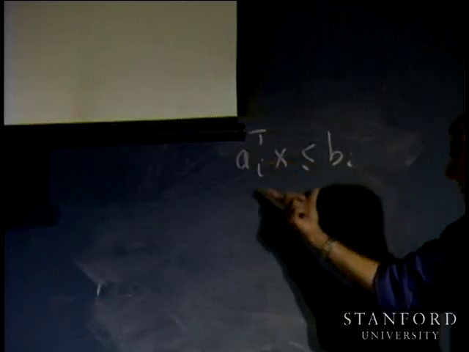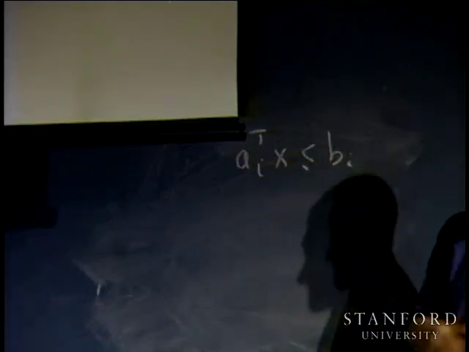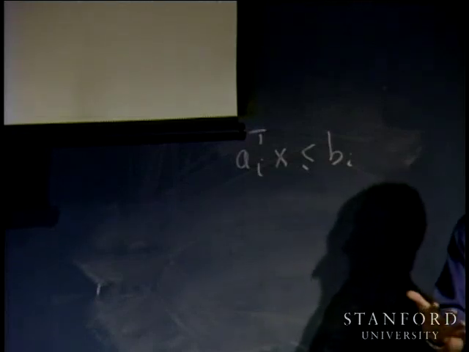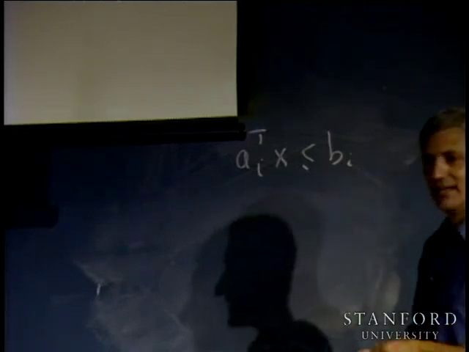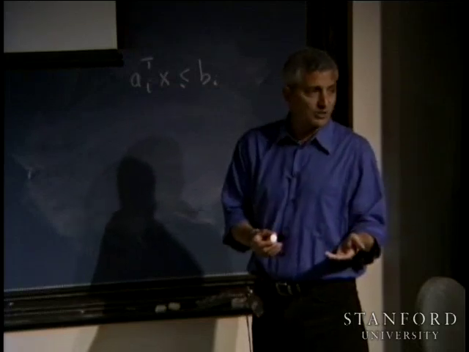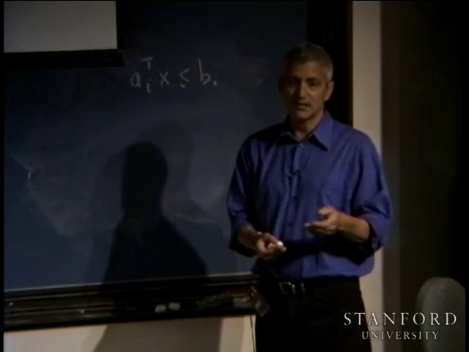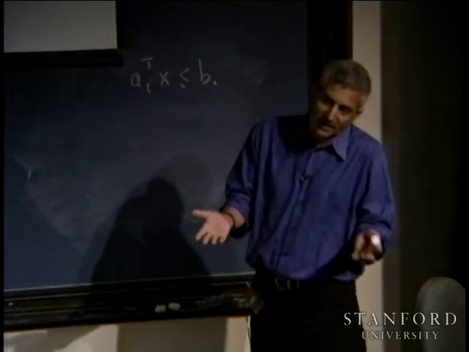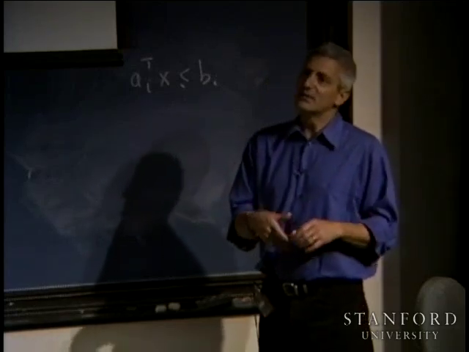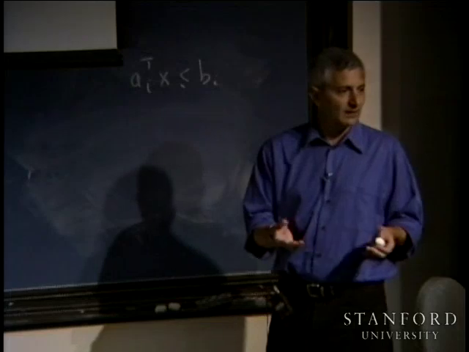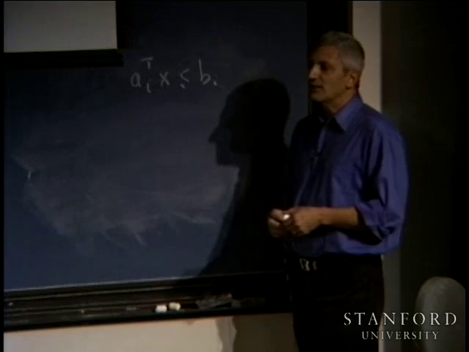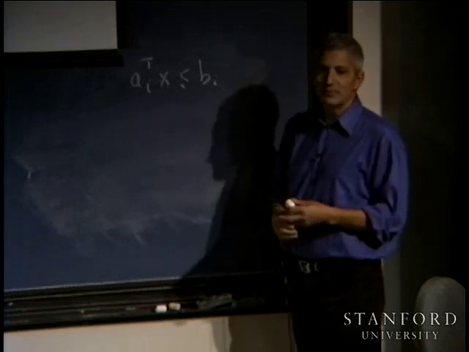So the polyhedron, the data structure that describes your current ignorance, is growing in size as you go. That means whatever work you're going to do on it is also going to grow in size. It might grow linearly or polynomially, but it's going to grow at least linearly. So when you add these, there's the option of deleting, dropping constraints.